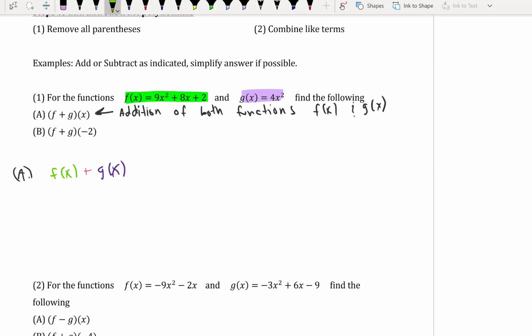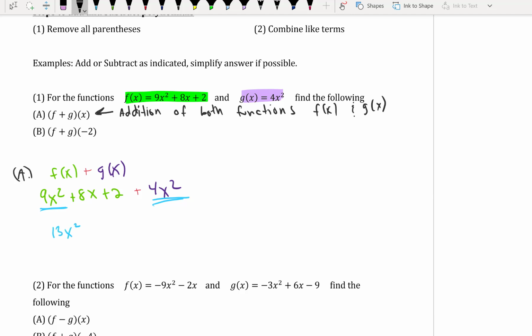So my f function is 9x squared plus 8x plus 2. And I'm adding to it my g function, which is that 4x squared. So here, do I have any like terms? Yeah. This 4x squared and this 4x squared are like terms. So I'm going to add those together. So if I have 9 plus 4, that's going to give me a 13x squared.